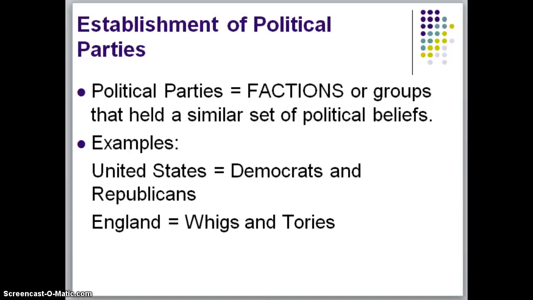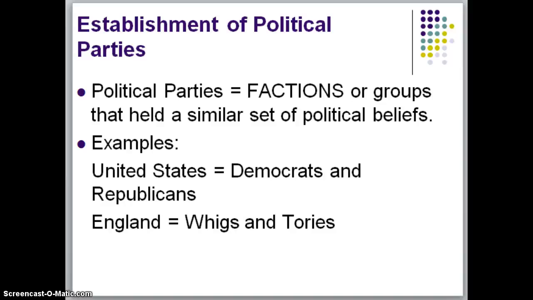All right, we are going to establish political parties. They are factions or groups that held a similar set of political beliefs. So an example of political parties here in the United States, we are known as being either Democrat or Republicans. Are there other political parties?